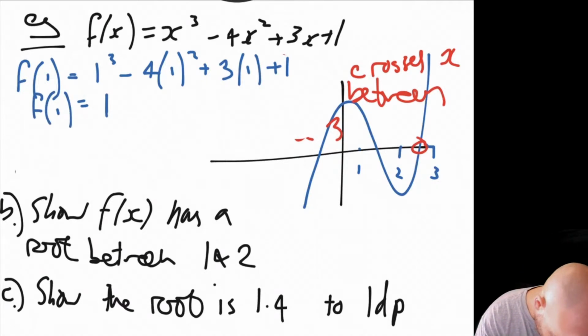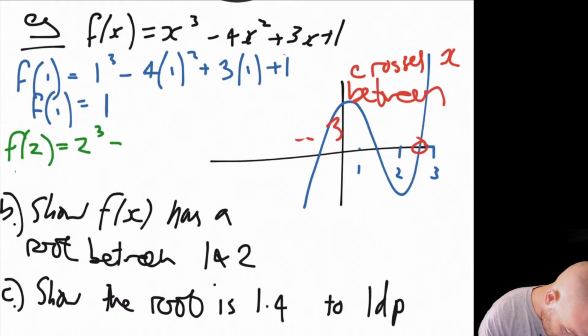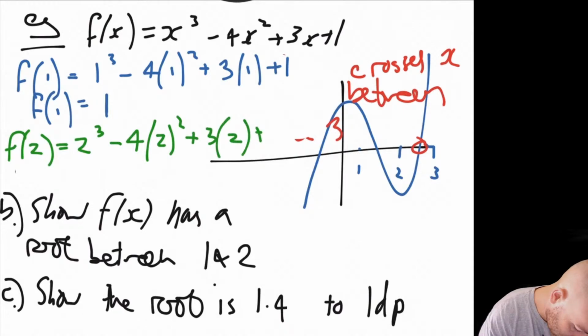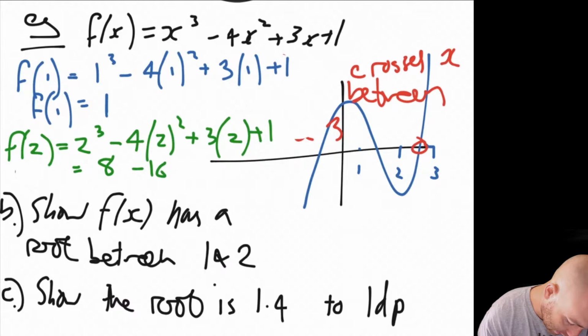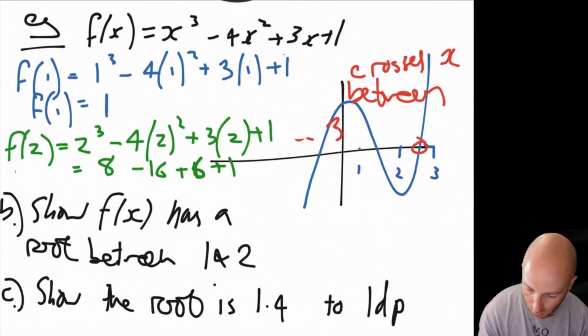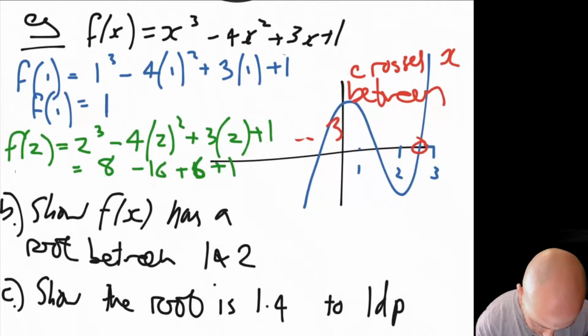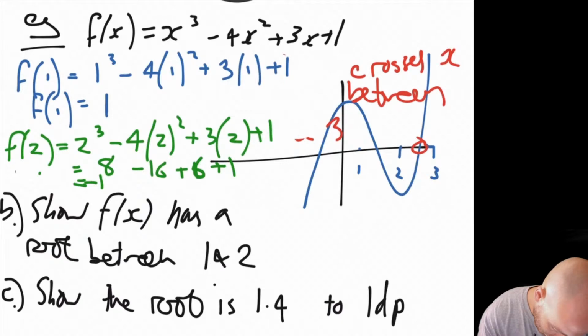Now I'm going to do f of 2. It's going to be 2 cubed minus 4 lots of 2 squared plus 3 lots of 2 plus 1, which is 8 take 16 plus 6 plus 1. So if I work that out, we get minus 1. So f of 2 gives us minus 1.